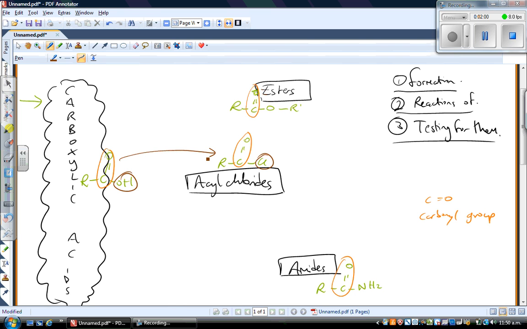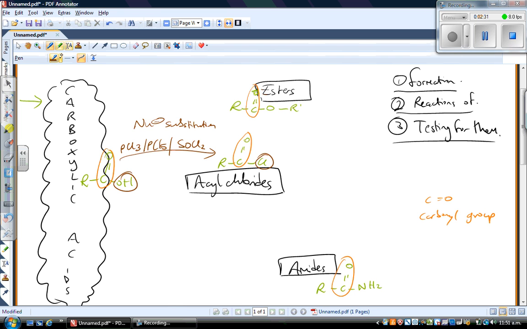So what we have here is nucleophilic substitution, chlorine for an OH, and this is nucleophilic substitution. We demonstrated that in the lab for you guys.